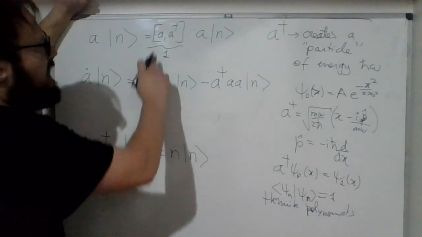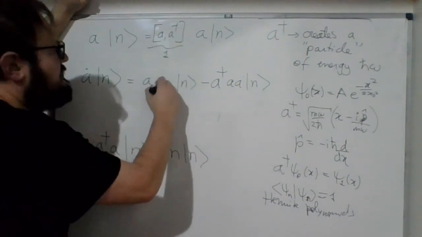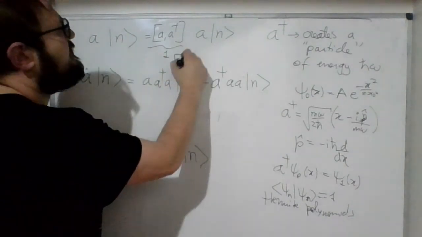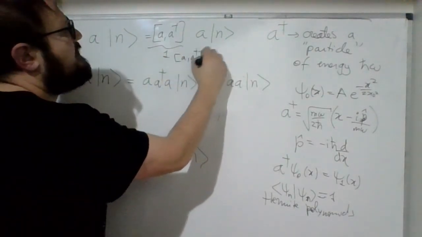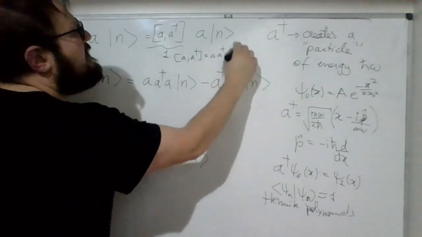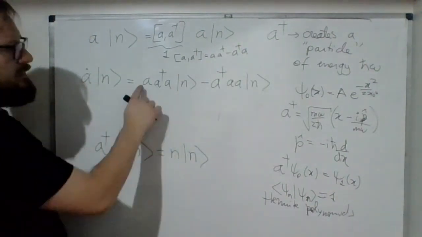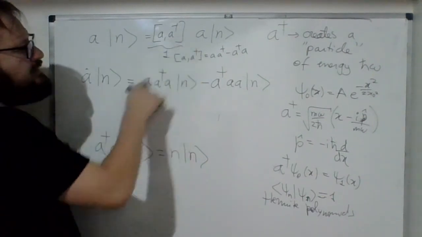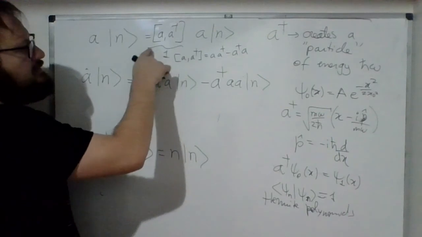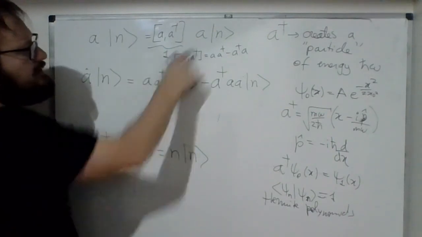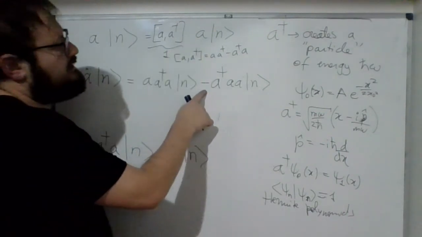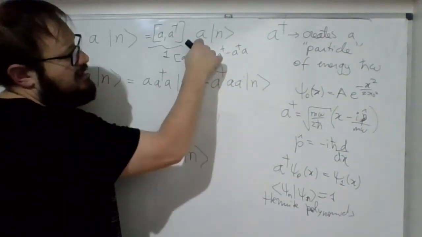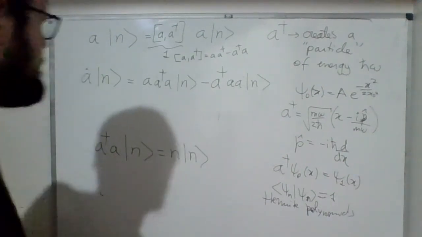So we have A dagger A dagger A dagger A, because this commutator is just A dagger minus A dagger A. So A, which we already have here, A dagger times this A minus this term here, A dagger A times the A which was already there.